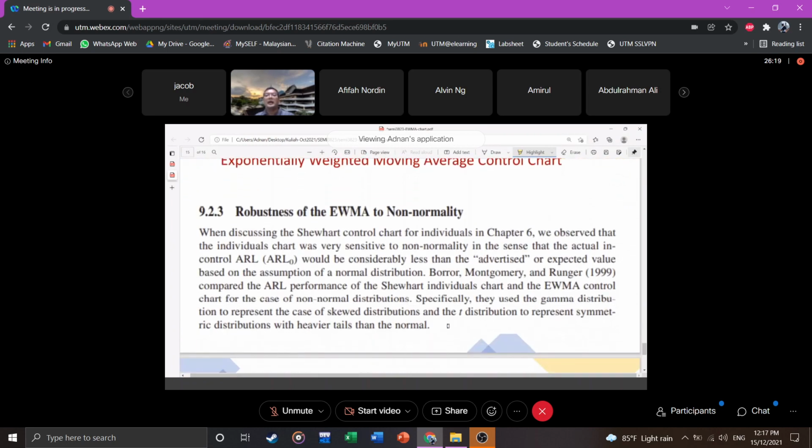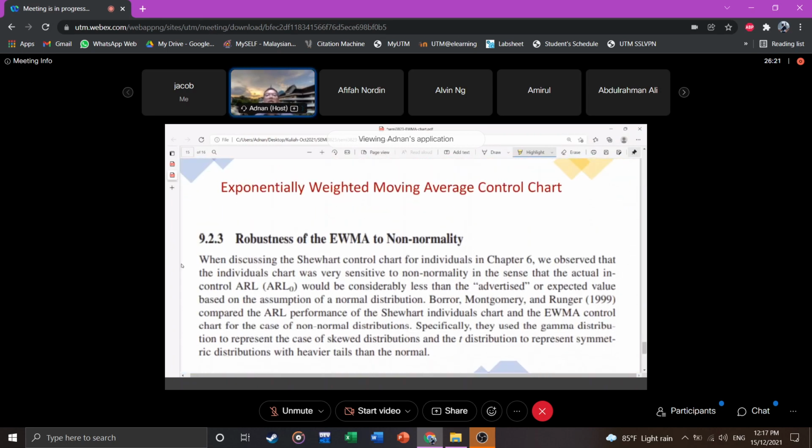Another advantage of EWMA: in the Shewhart control chart, we always make the assumption that the data is independent and identically normally distributed. But this is not always true, especially when we are taking single, individual data.